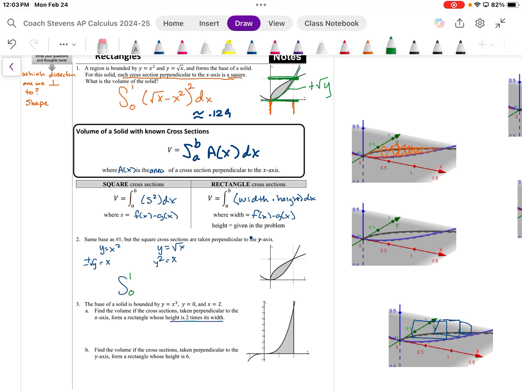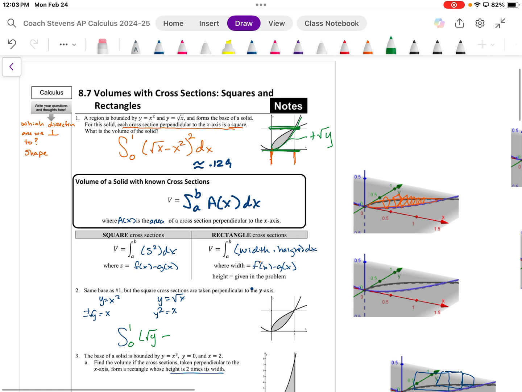And the left side would technically be y squared. So it would be the square root of y minus y squared dy.